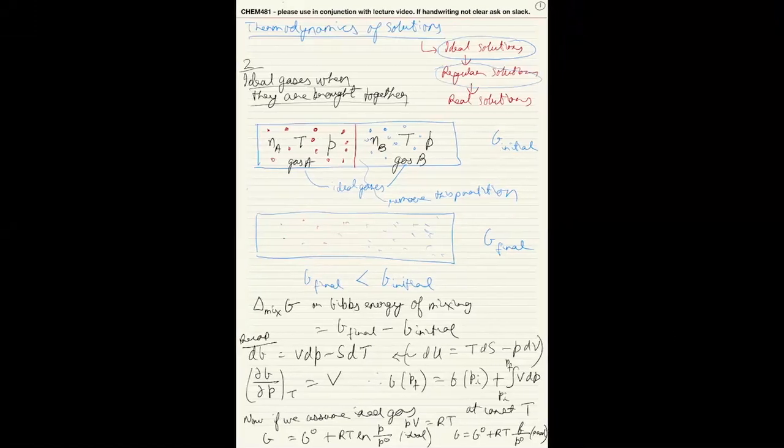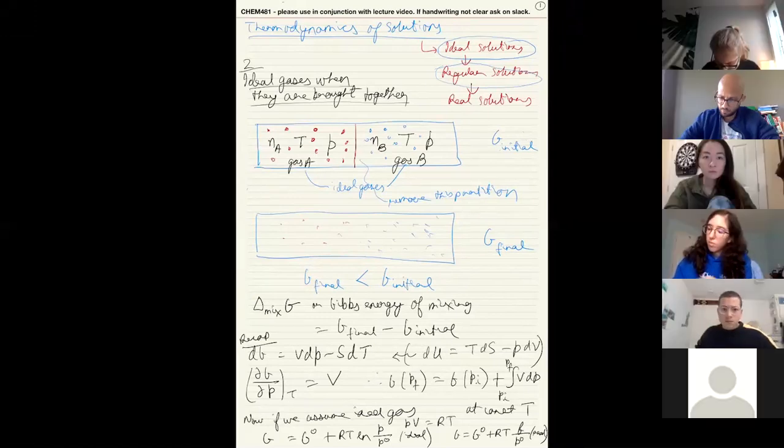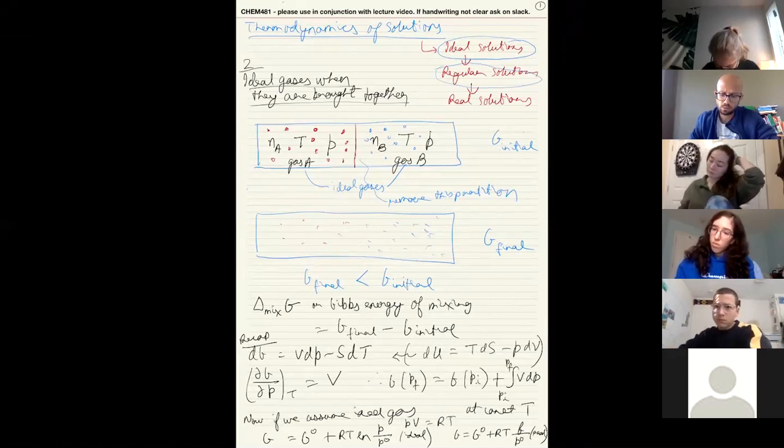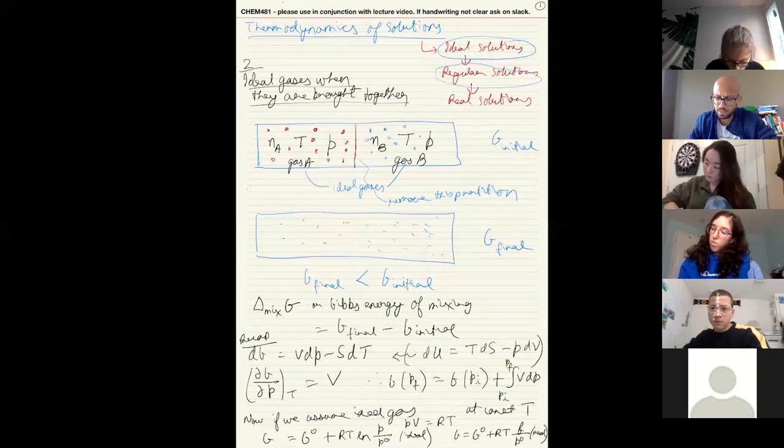Okay, so let's do a bit of a recap of what we did in the last class. What we were trying to do is to think of a system where we have, in this box over here, red molecules, the gas A molecules, blue molecules, the gas B molecules, and you have a partition in between.